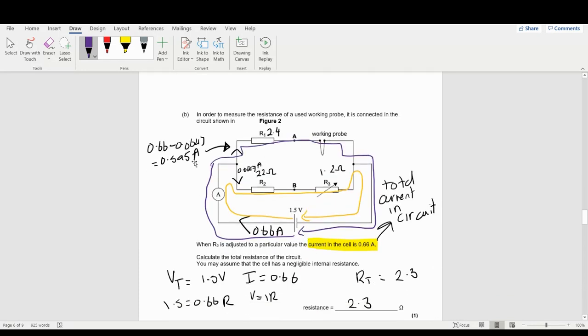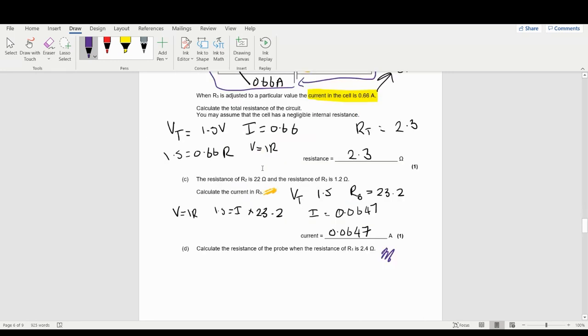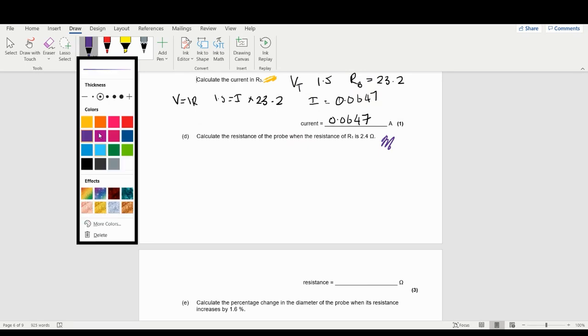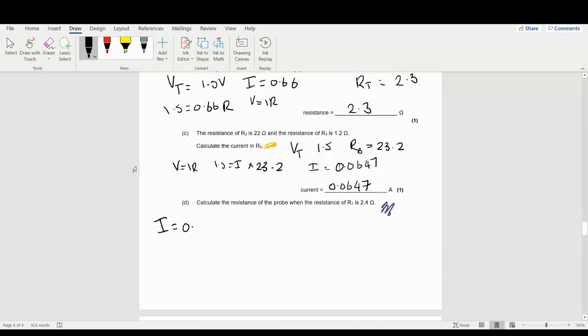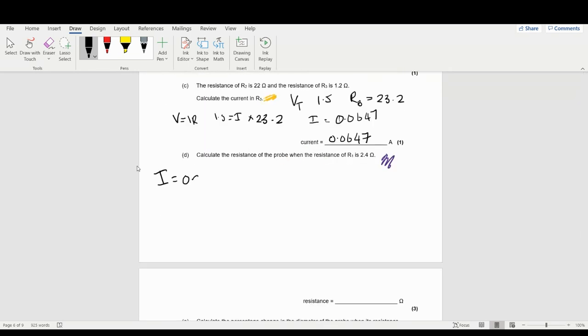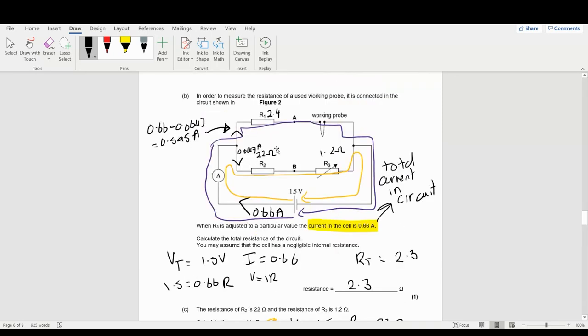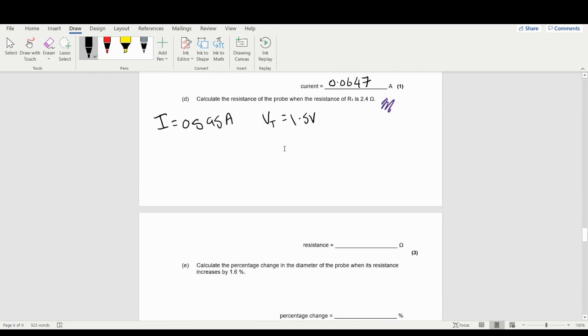And I know the current going through it now, which is really, really useful because, again, it's just me annotating my diagram. And it's really, really helpful. So I know the current in the circuit is 0.595 amps. And I know the voltage total is going to be 1.5 volts because if you go around the purple route, that is the only time they can lose that voltage.